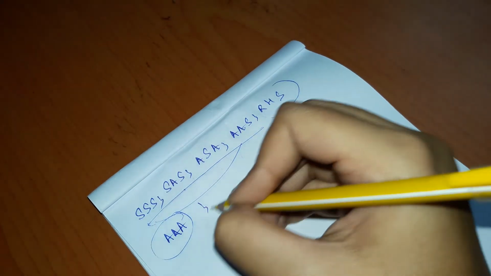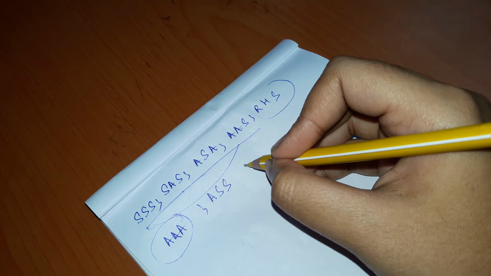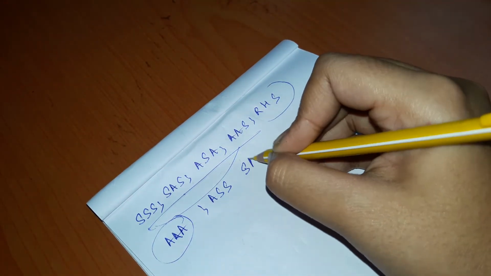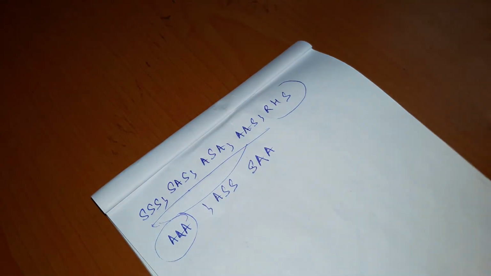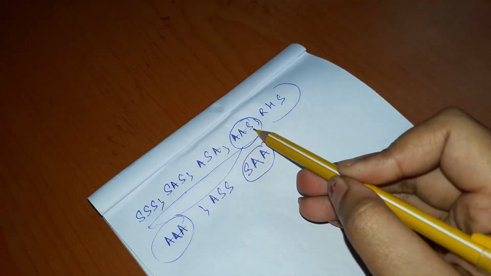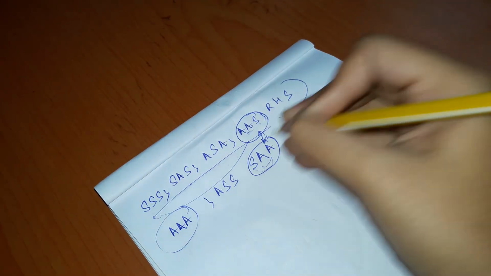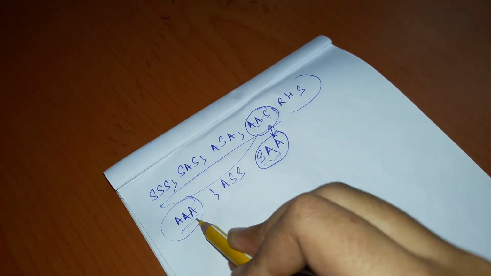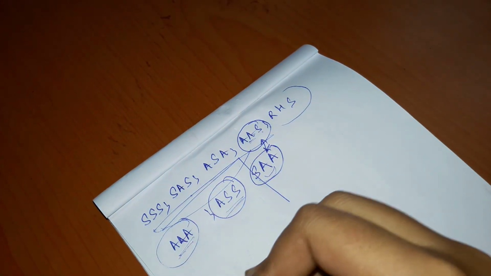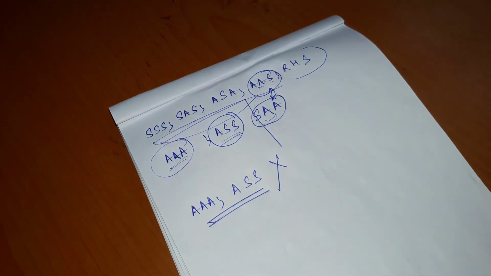Similarly, we are also not given ASS, or something like, what is remaining, SAA. Now SAA is similar to AAS, because here also S is not in the middle, and there also S is not in the middle, so these two are the same. But what about AAA and ASS? These two congruencies do not exist. AAA congruency and ASS, these two congruencies do not exist.